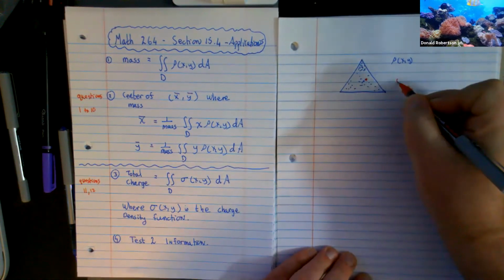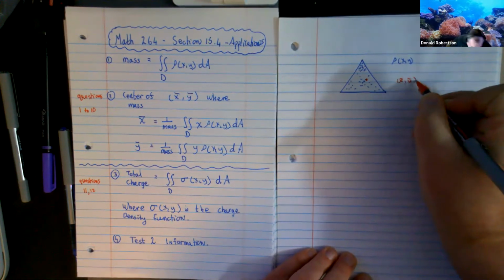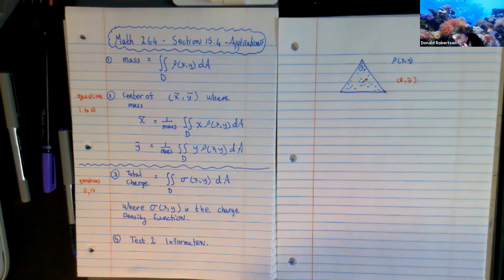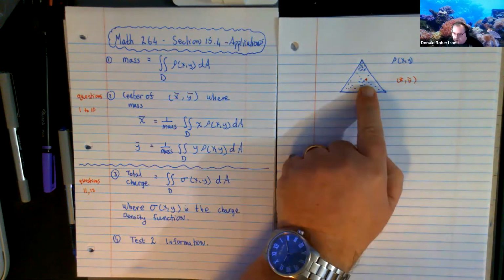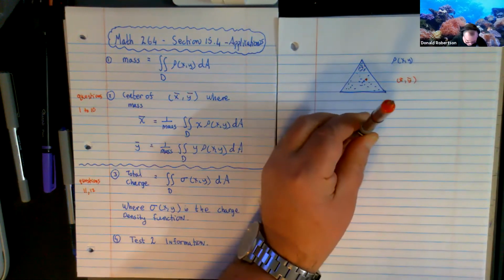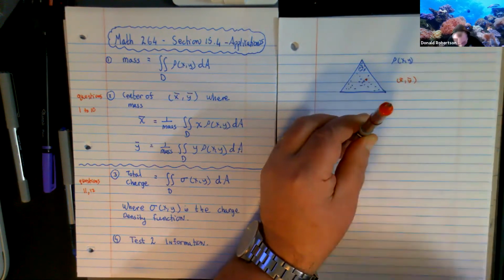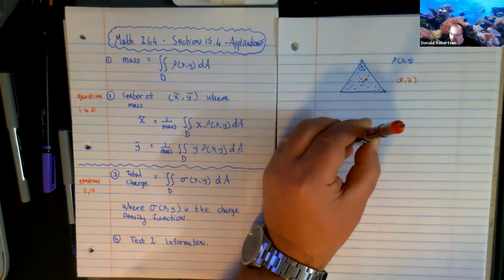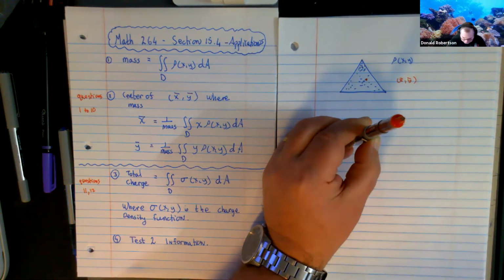And that point, x bar, y bar, is essentially, how do you describe it? It's like a balance point for the shape. If I had this triangular piece physically in front of me, and I stuck a pen exactly there, this shape would balance. It would stay there, right?